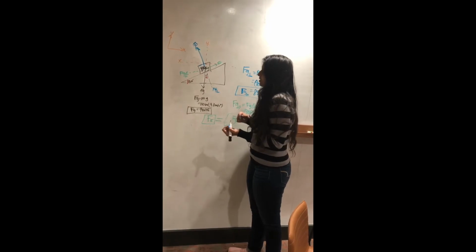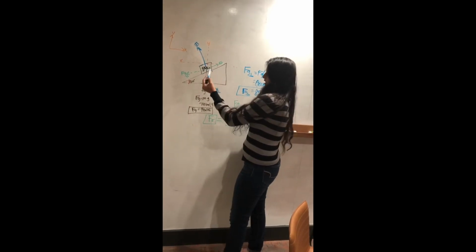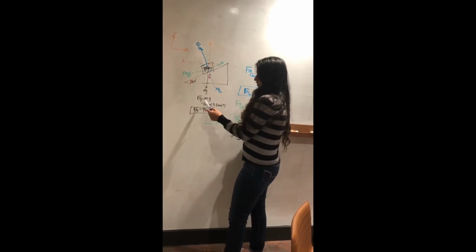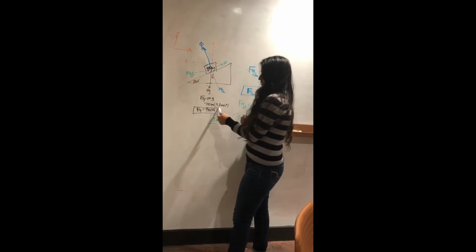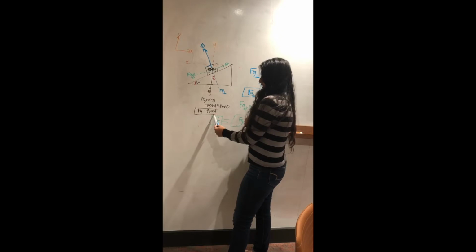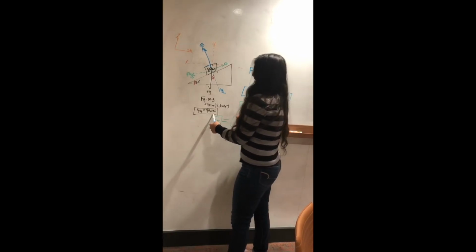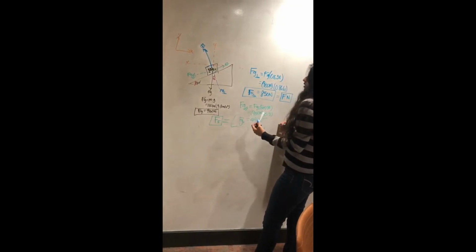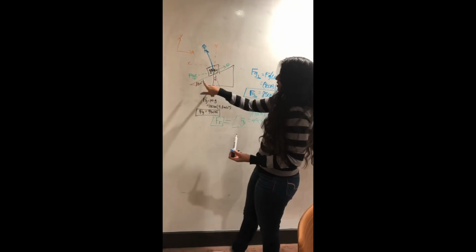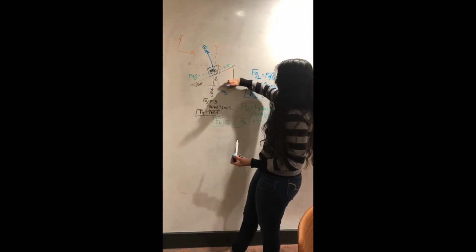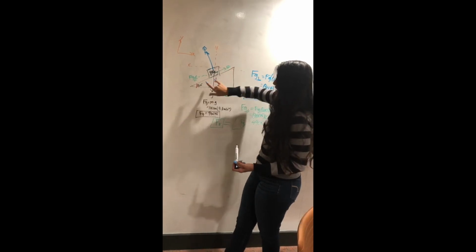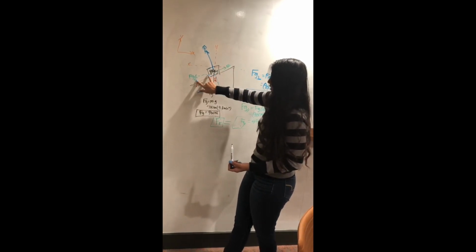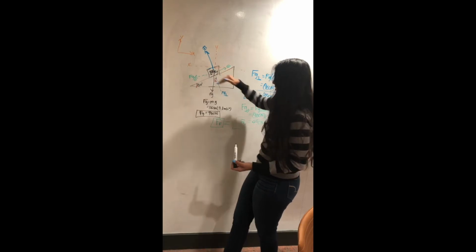This is a box on a slanted surface, so if it was 100 kg, we would find the force of gravity by doing mass times gravity, which is 100 kg times 9.8 meters per second squared. So our force of gravity is equal to 980 newtons. And then we break up the force of gravity into two components, the FG perpendicular, which is perpendicular to the surface, and then FG parallel, which is going parallel along the surface.